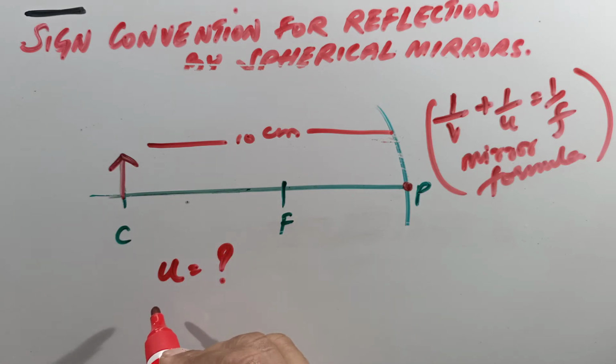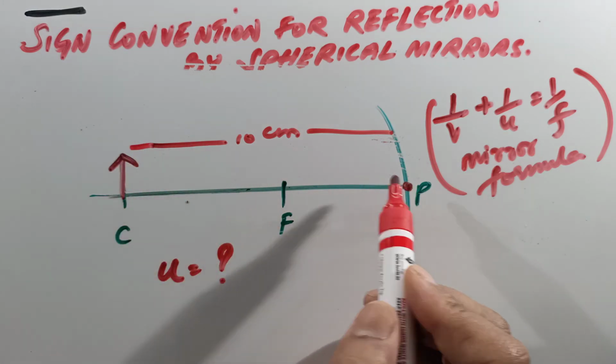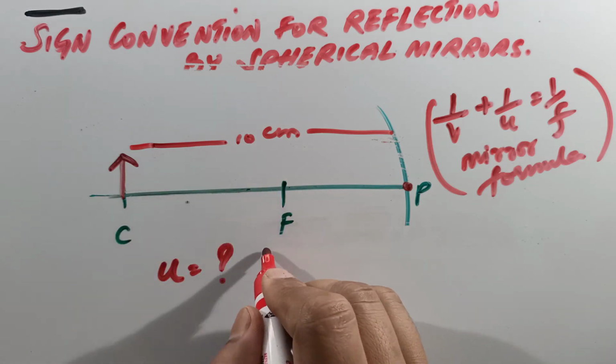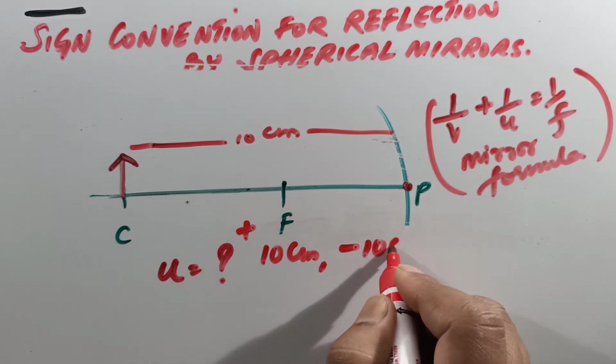You know that u is object distance. I have told you that the object is kept at a distance of 10 centimeter from the mirror. So what is u? Whether u is plus 10 centimeter or minus 10 centimeter.